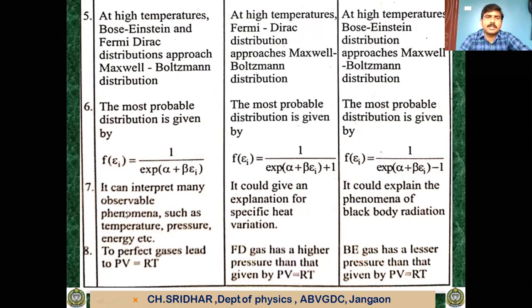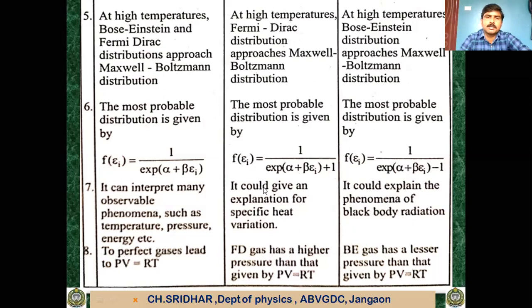So it can interpret many observable phenomena such as temperature, pressure, and energy, and it could give an explanation for specific heat variation, that is from the Fermi-Dirac statistics. We can explain the phenomenon of blackbody radiation from Bose-Einstein statistics. That means Bose-Einstein statistics is applicable to photons, so we derived Planck's radiation formula.